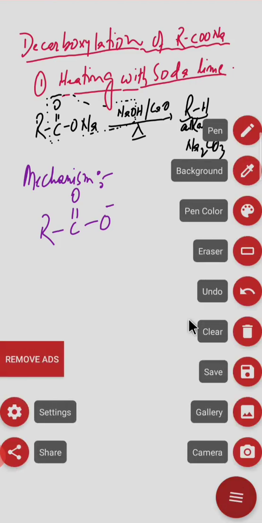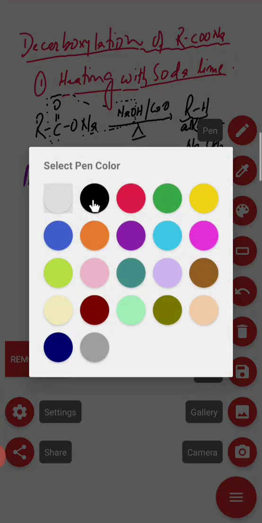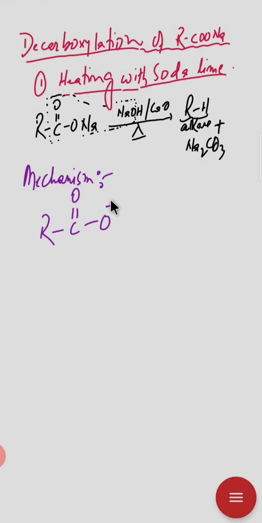Now what will happen is this minus will form this. There are 2 electrons here along with these 4 electrons. These 2 electrons will form a pi bond between carbon and oxygen, and this bond is broken like this, so we get a carbanion as the intermediate in this reaction, and this will be carbon dioxide, CO2.